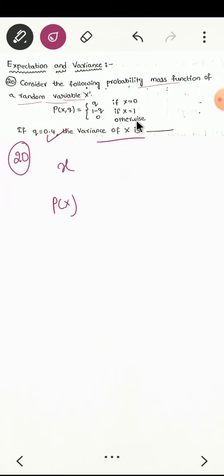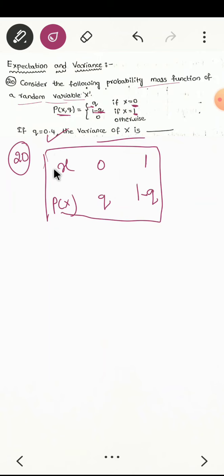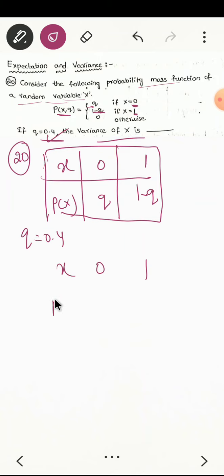If x is 0, p of x is q. If x is 1, p of x is 1 minus q. It is 0 otherwise. We have formulated the table. Now substitute q equal to 0.4: for x equal to 0 and 1, p of x is 0.4 and 1 minus q is 0.6.